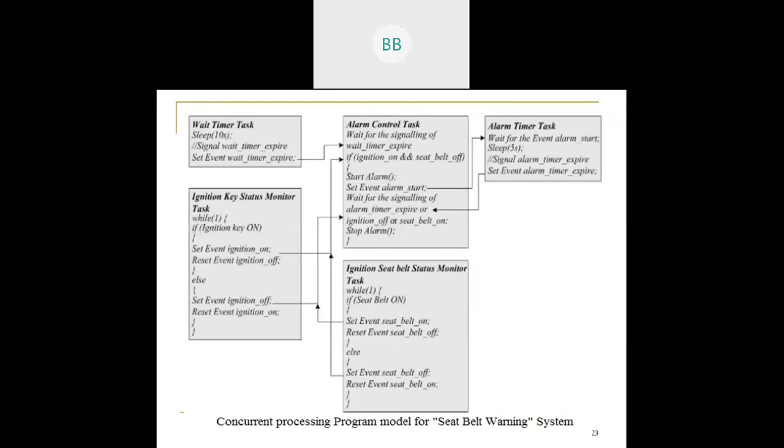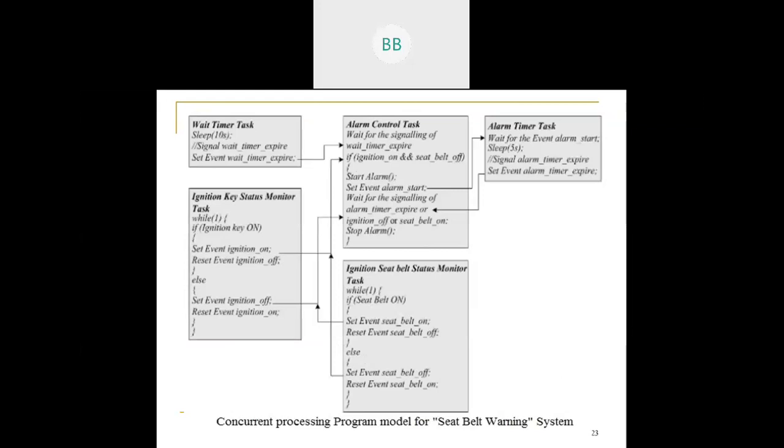Initially, the alarm starts only after expiration of the 10 second wait timer, along with the seat belt off and ignition key on. Hence, the alarm control task is executed only when the wait timer has expired, the ignition key is in the on state, and the seat belt is in the off state.